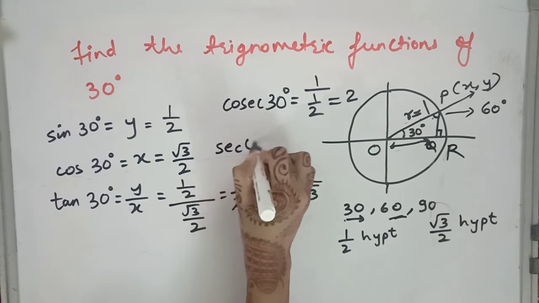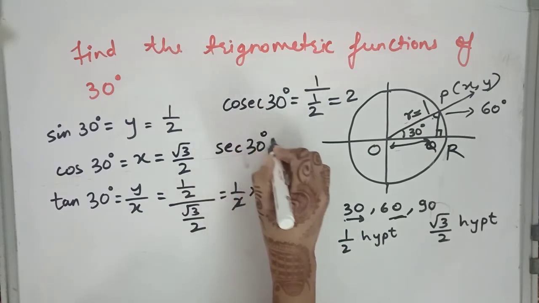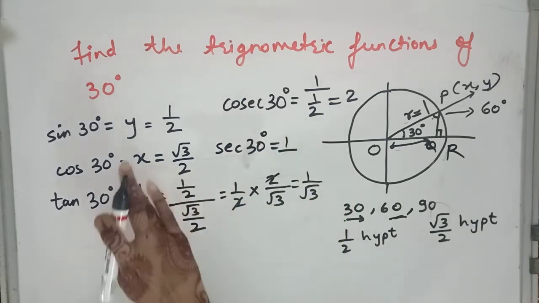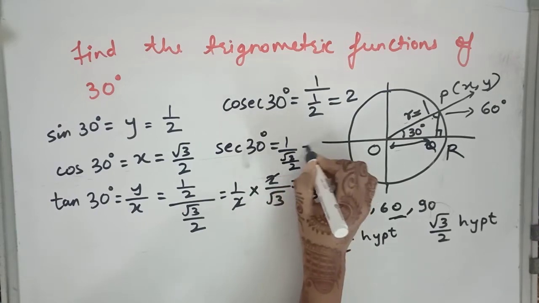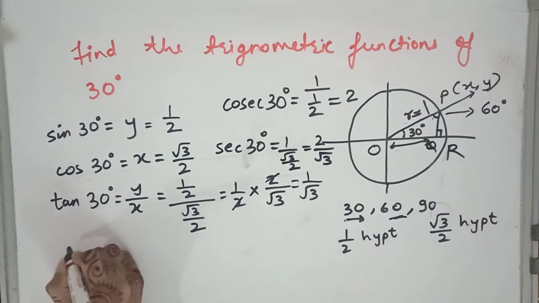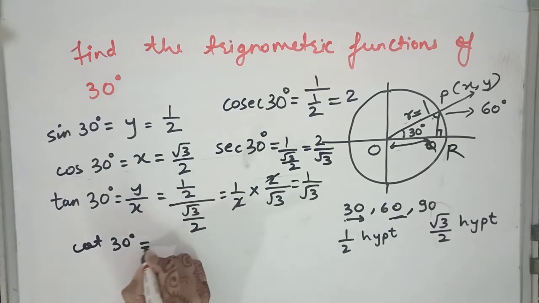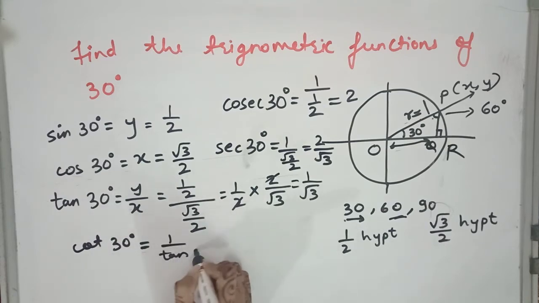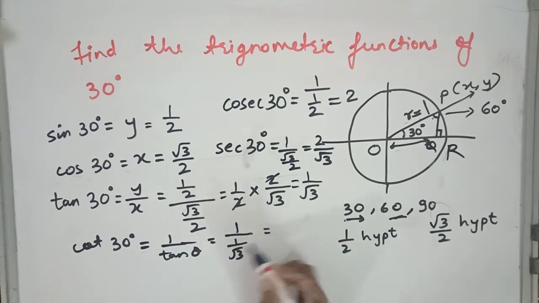Sec theta, that is sec 30, will be equal to 1 upon cos, that is 1 upon root 3 upon 2, which will be equal to 2 upon root 3. Cot 30 degrees, cot is 1 upon tan theta, tan theta is 1 upon root 3, so cot will be equal to root 3.